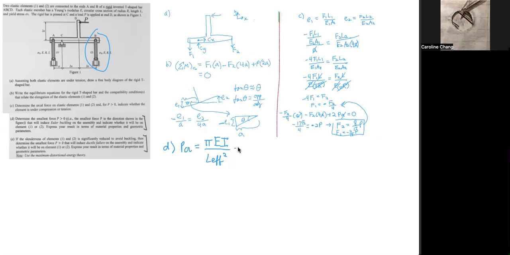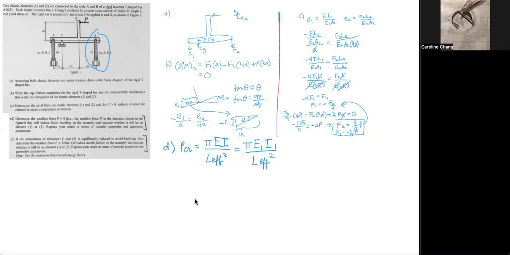So we can simply state that pi E1 I1 over L effective squared is equal to P critical in this whole structure.